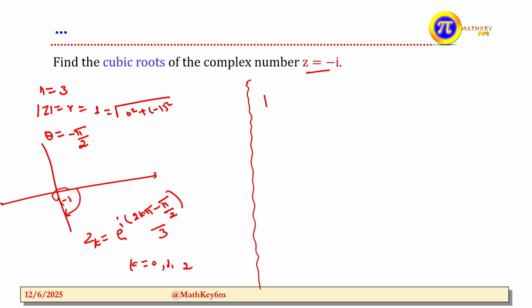From this, for the value k equals 0, z0 equals e to the power of i times negative pi over 2 over 3, which means negative pi over 6. The result equals cos of negative pi over 6 plus i sine of negative pi over 6.